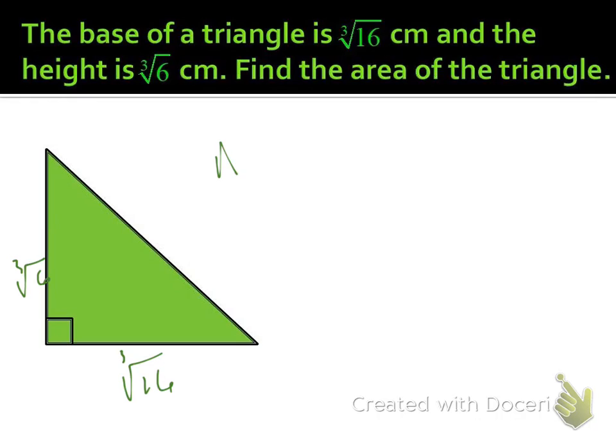Well, the area of a triangle is 1/2 base times height, right? So 1/2 times the base, which is the cube root of 16, and the height, which is the cube root of 6.